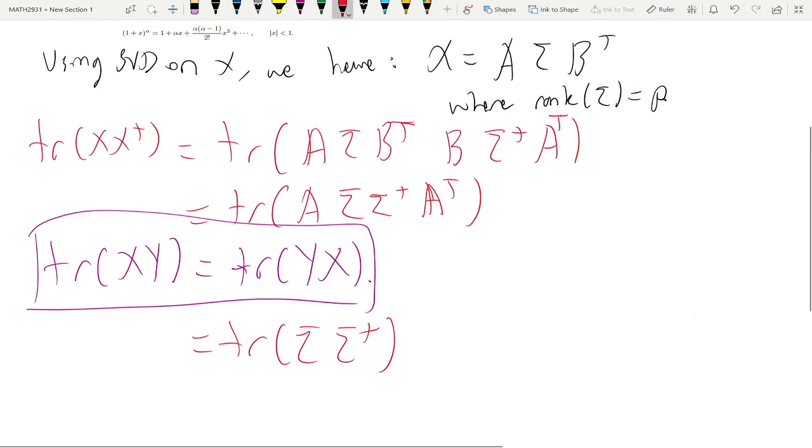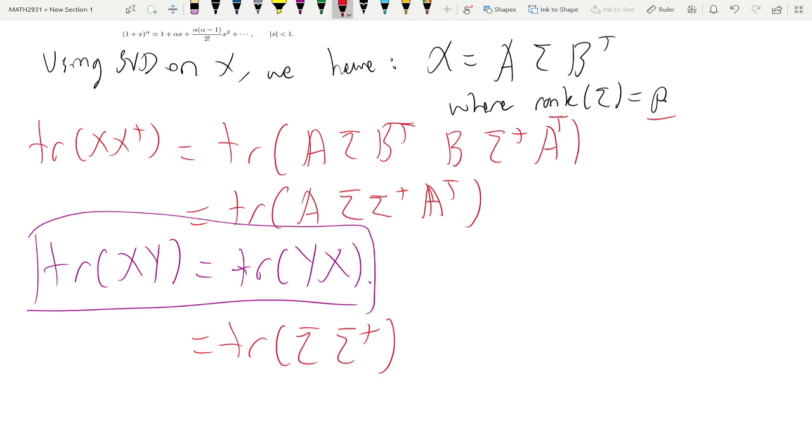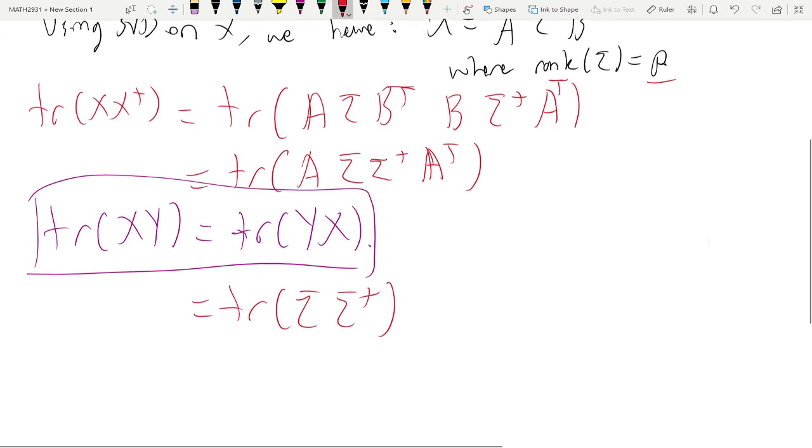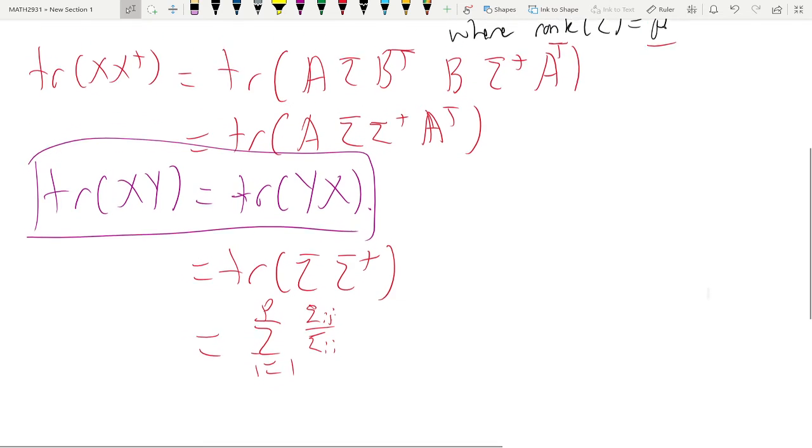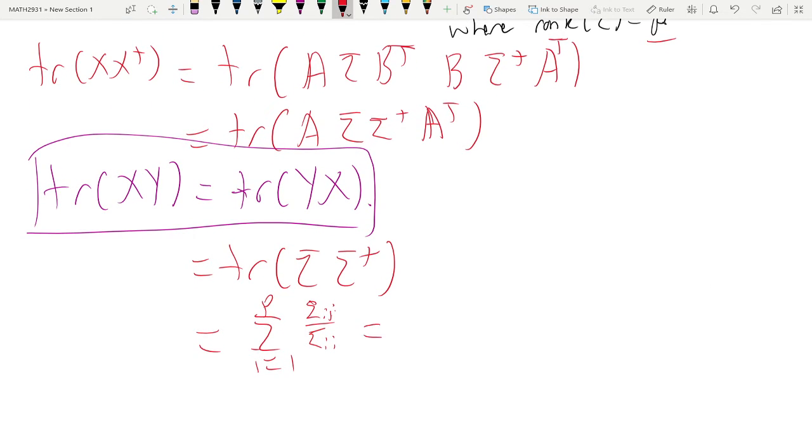Since this diagonal matrix is of rank p, essentially what happens is trace just becomes a summation from i equals 1 to p of, say, sigma i over sigma i. The reason the other terms disappear is because they're 0, and we're talking about the trace. So the p plus 1 to n terms are all 0. And this is just equal to p.